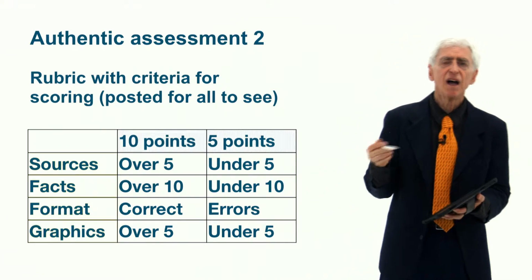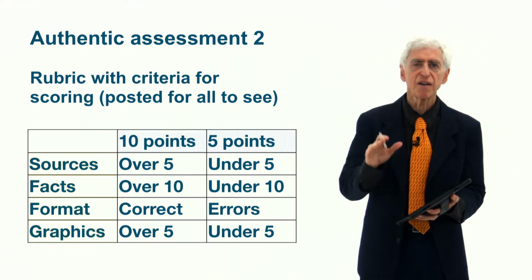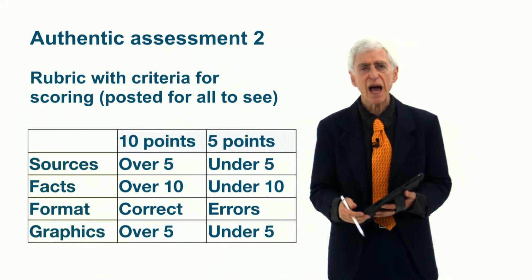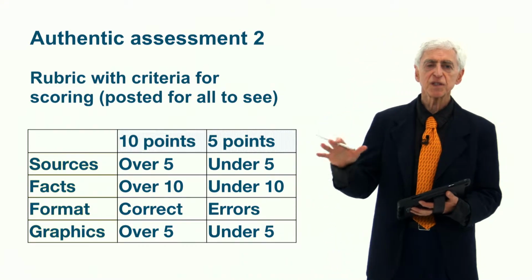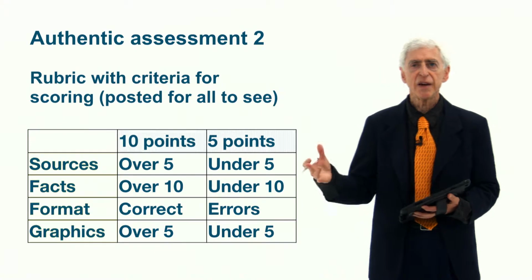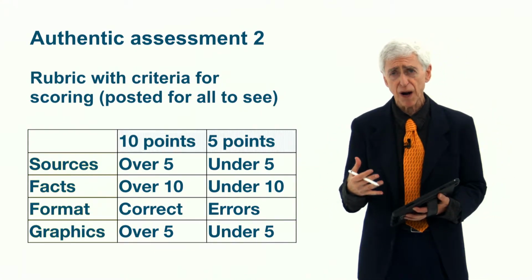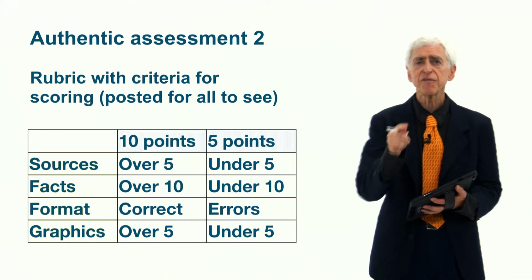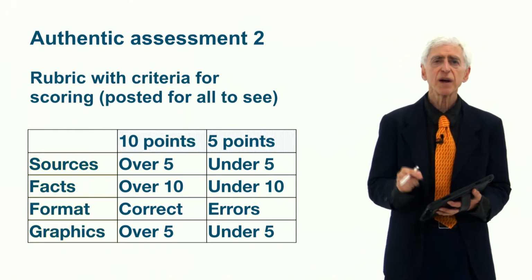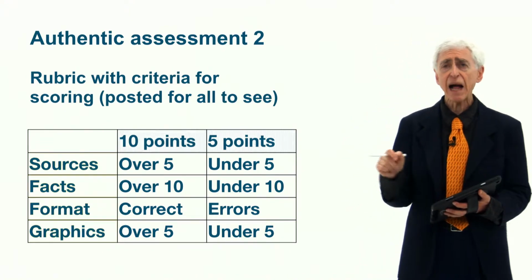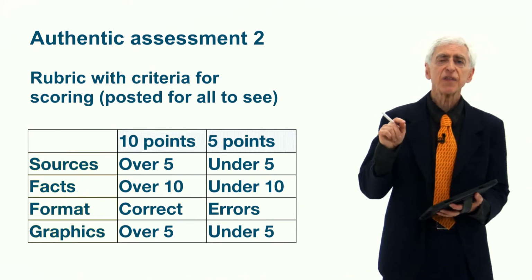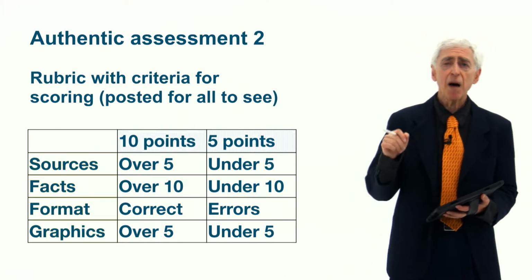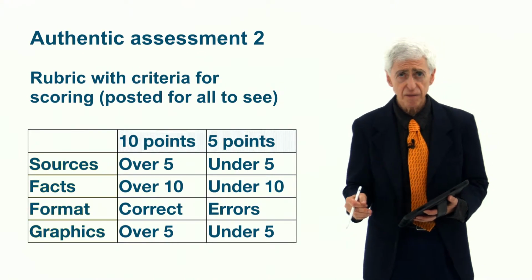Now, I have here a sample rubric that is very, very primitive, but it just gives you an idea. You've sent off students to do some independent research, and they're supposed to come back with some kind of finished product, portfolio, slideshow, or something. But you also give them this rubric, a rubric that has criteria that tells them how they will be scored so that they can see ahead of time how many points they're likely to earn.